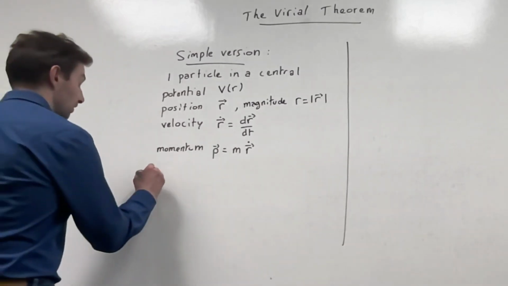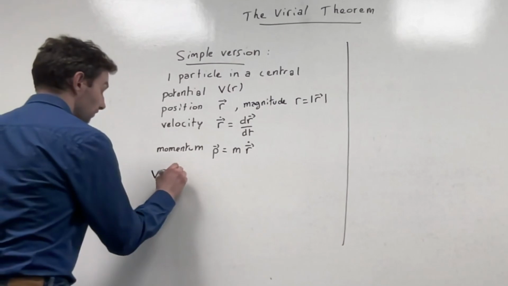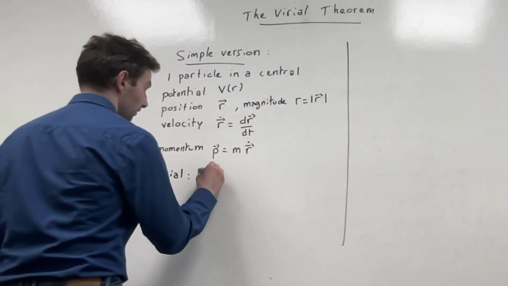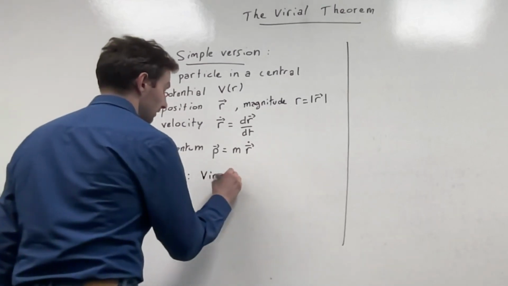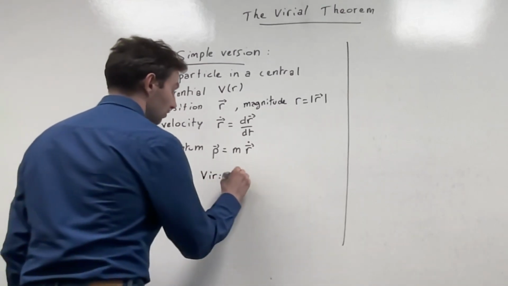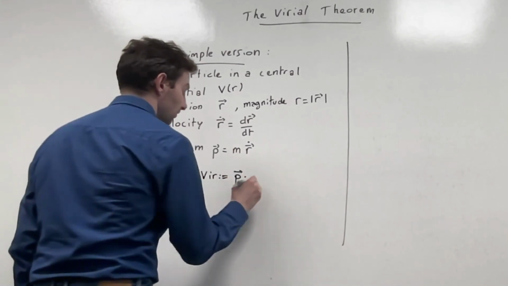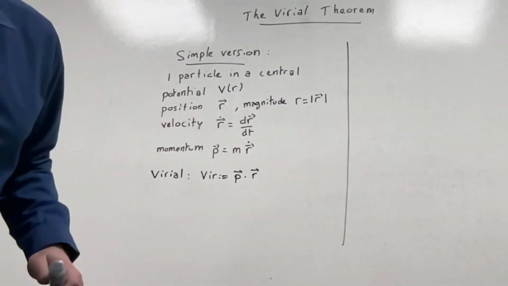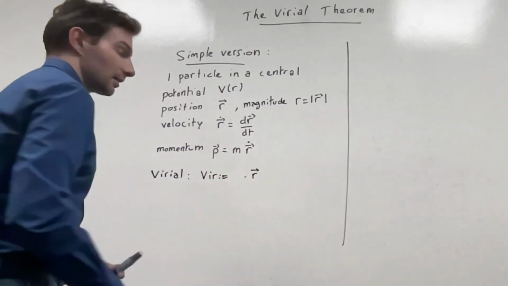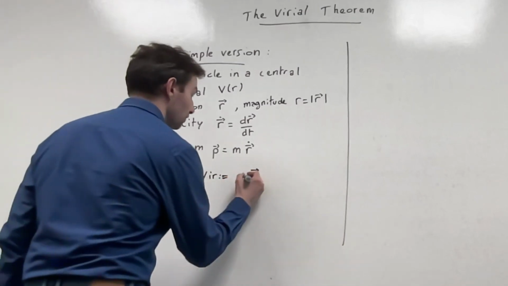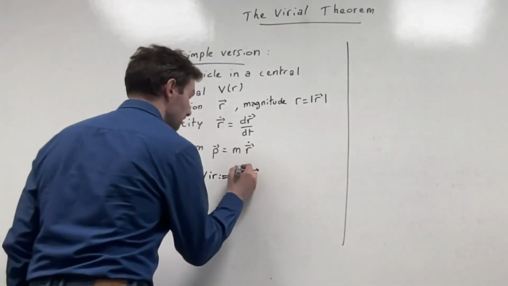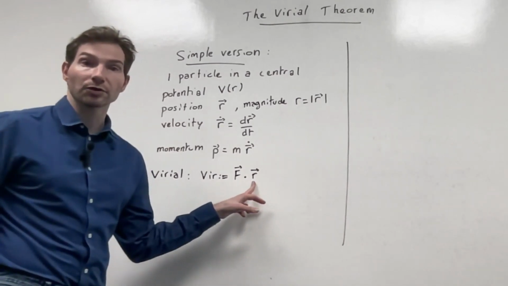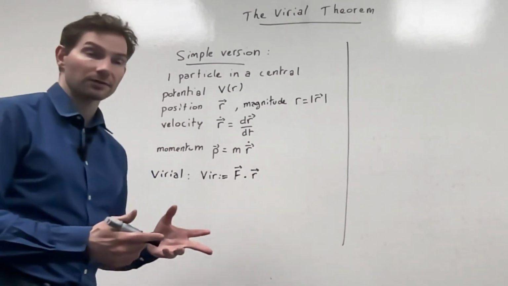Now we call virial, that's an actual quantity, the quantity that I'm going to call here Vir, and that's a definition, equal to F dot r. Sorry, not p, that's F dot r. Apologies. That's the scalar product between the force exerted on the particle and the position vector itself.